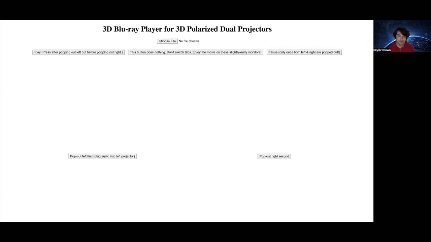So this will not work for Apple Vision Pro movies until there's a way to extract the left and right content. But for 3D Blu-ray movies, this is an affordable option for two projectors to be able to play a 3D movie. And two projectors are a lot less expensive than a 3D projector.